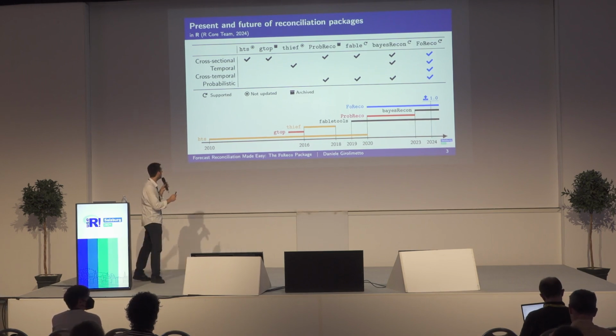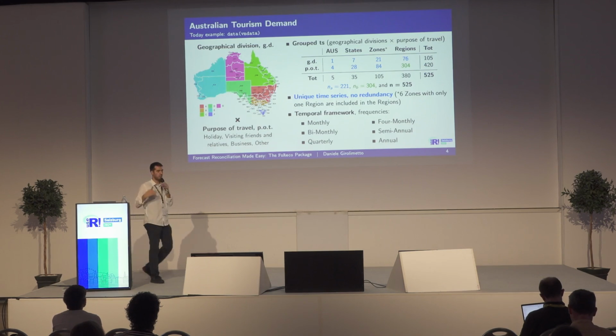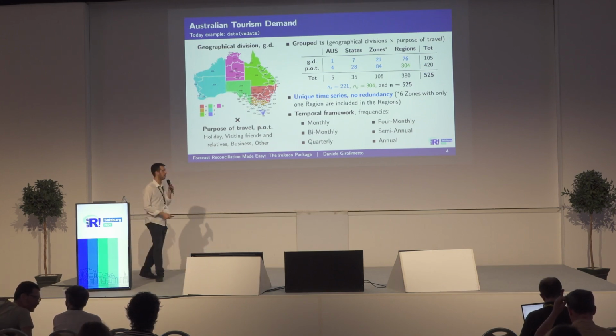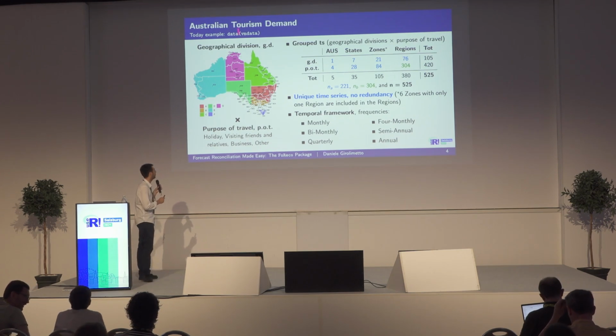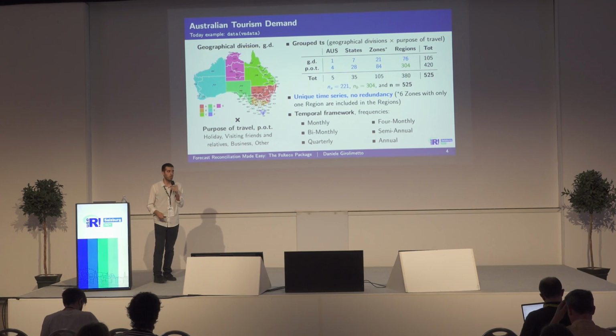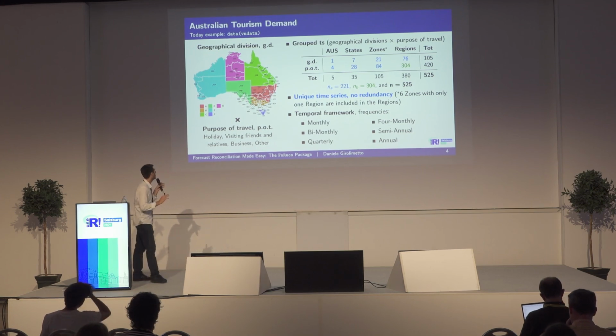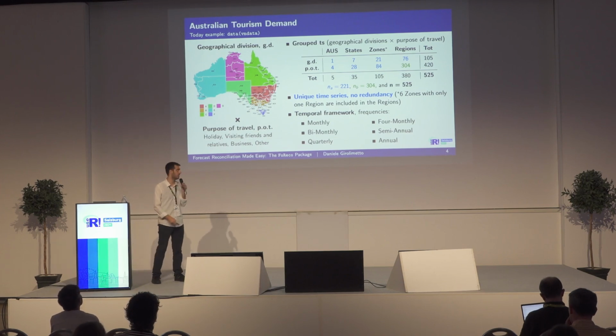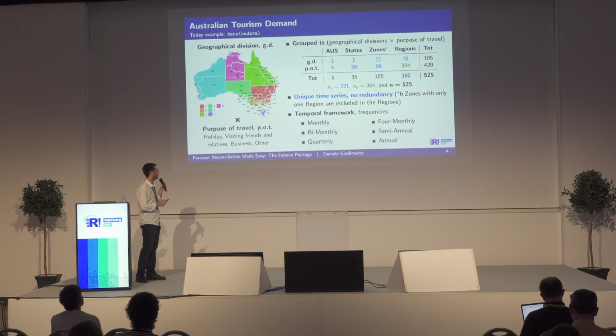How to do that? Today I will present this dataset. The examples use this dataset, which is also the one I use in the vignette that you can find on the website. The example is very simple. We have a total of 525 time series, cross-sectionally divided in a geographical division, for example states, zones, and regions of Australia.